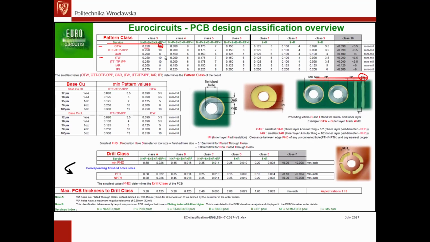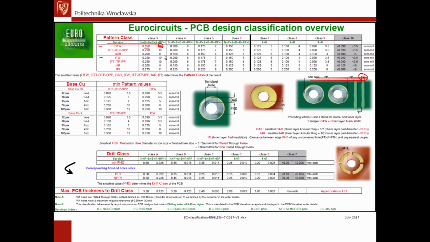Mind that in the layer stack, there are those overlays, so top overlay and bottom overlay. Those do not stick to this regulation. So the accuracy class is only about the copper, not about any descriptions on the PCB.